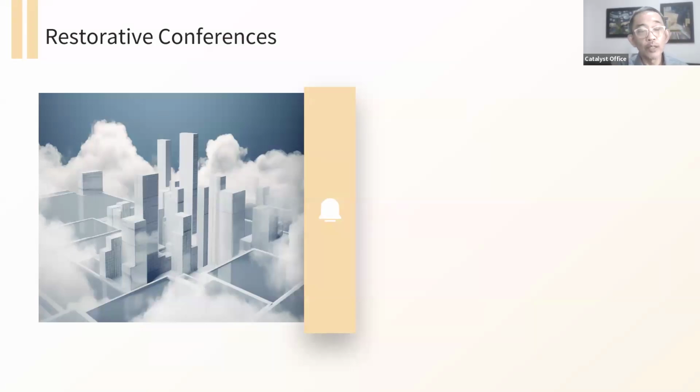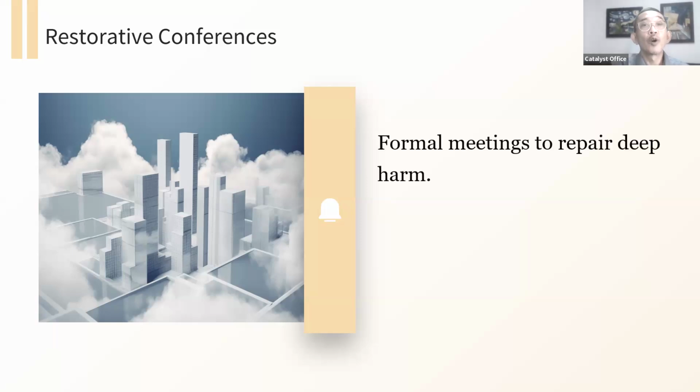Another method that you can do is what we call restorative conferences. What is this? You have formal meetings to repair deep harm. Okay, I remember when there are incidences of grave offenses by a student, one of the things that the investigative body will do is to call for a conference.